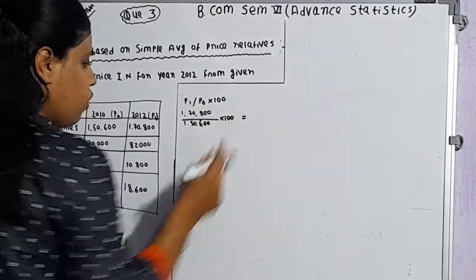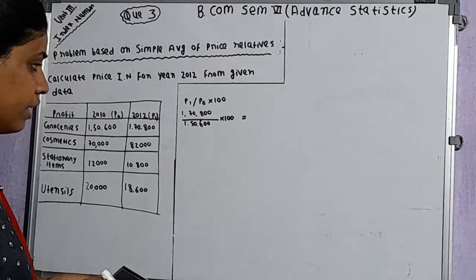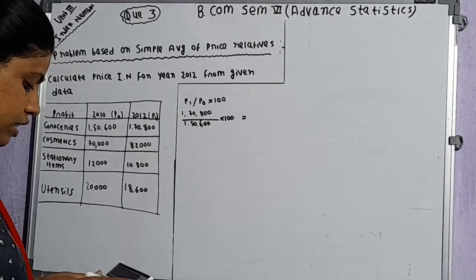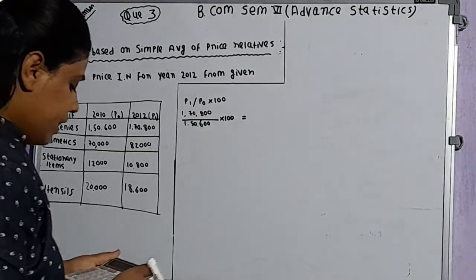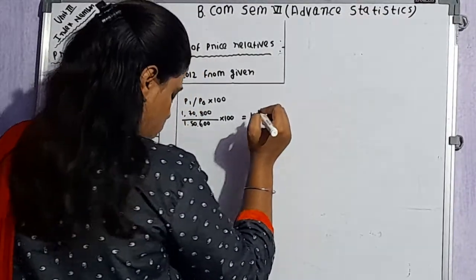So 1,70,800 divided by 1,50,600 into 100 comes to 113.41. We will consider up to 2 decimal points.